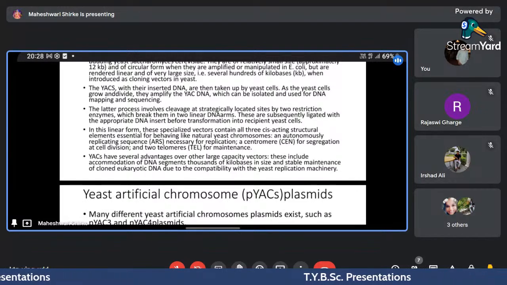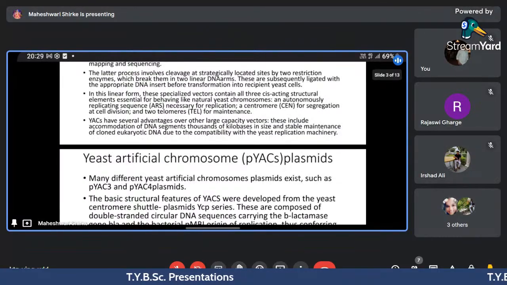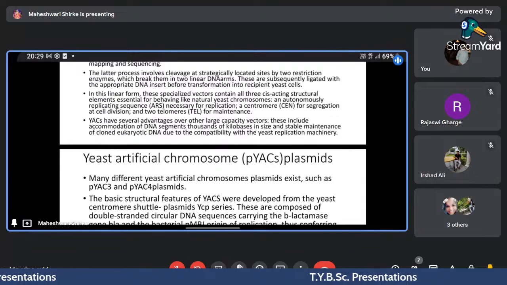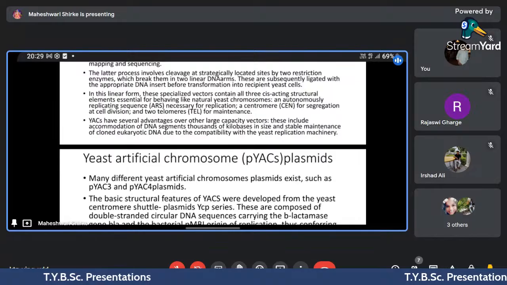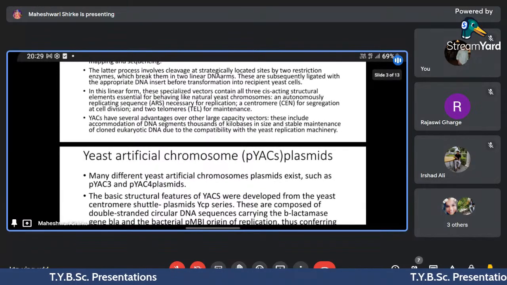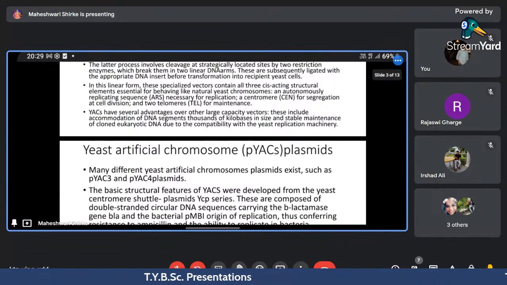The latter process involves cleavage at strategically located sites by two restriction enzymes, which break them into linear DNA arms. These are subsequently ligated with the appropriate DNA insert before transformation into recipient yeast cells.